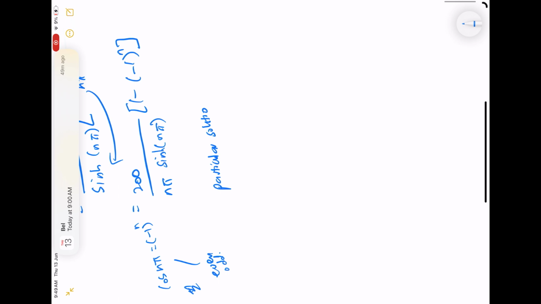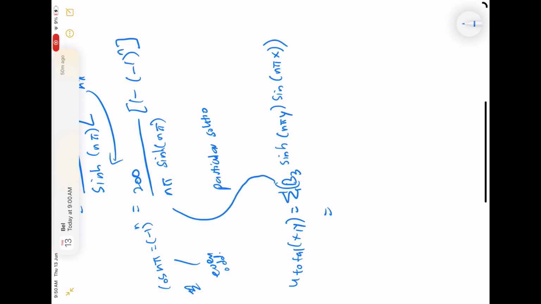So the final answer is our u total of x, y is equal to, just now we see that our b3 sine n pi y, we have the value of b3 here.